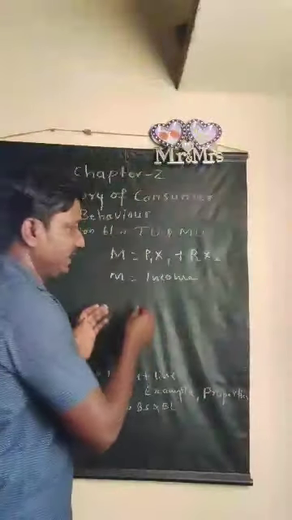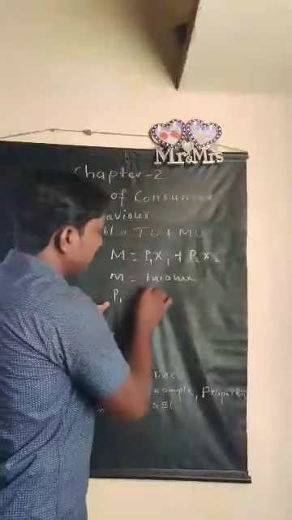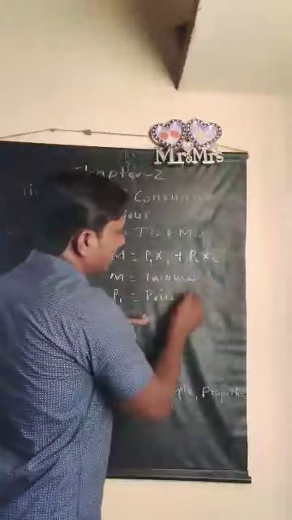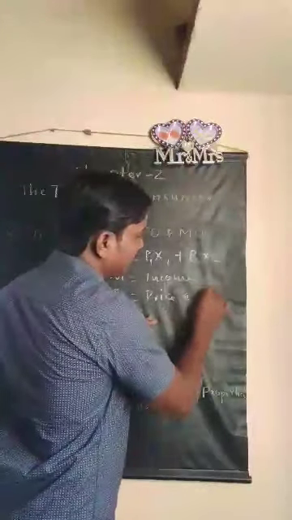M means income or money income. And P1 is the price of a commodity, the price of a good, whichever it may be, or the price of the first good.